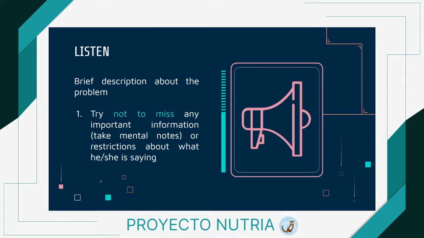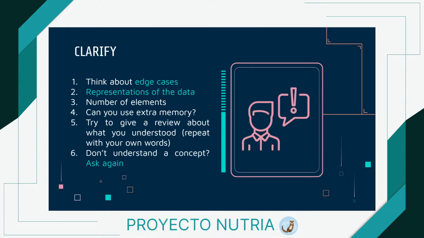And the second one, clarify. Until this point you need to speak aloud. What I mean by speak aloud is everything that you are thinking in your mind, you need to spit it out. Why?